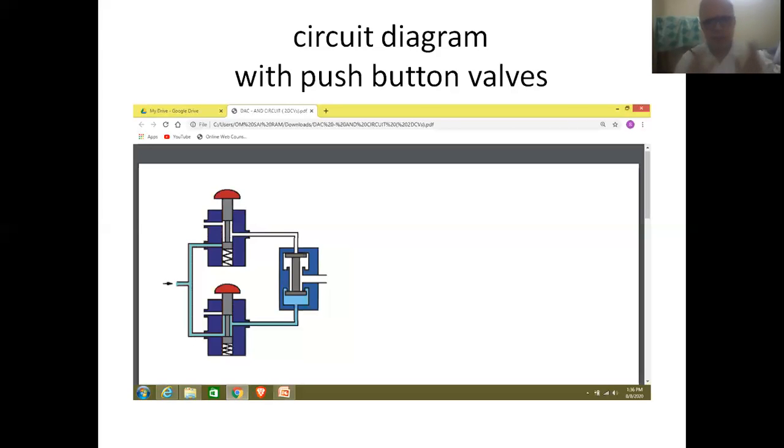So friends, generally, horizontal cylinders shown in the first diagram are useful for operating the tools and spindles of machines. The vertical cylinders generally are used for performing lifting operations and also for performing press working operations.